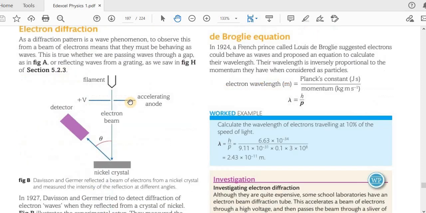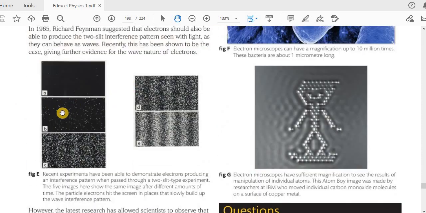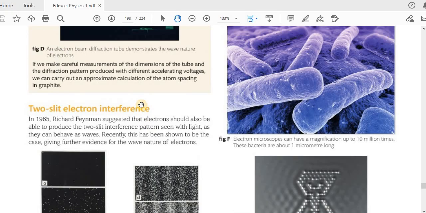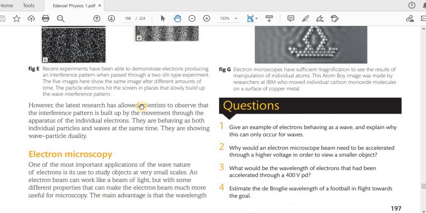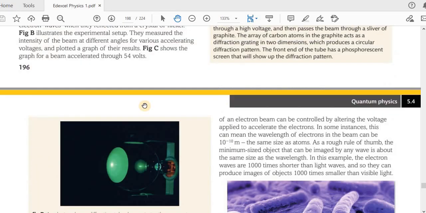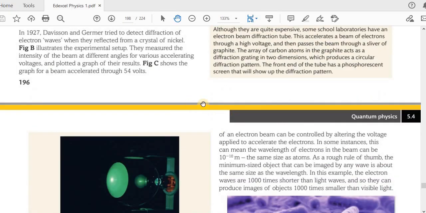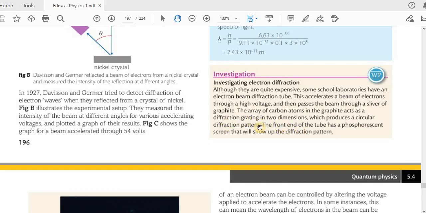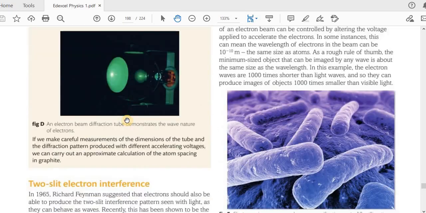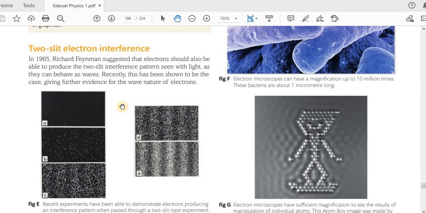And remember, this acted like a diffraction grating. It's mentioned somewhere here. So you get this, and here it was sent through a double slit, and then you get the interference pattern, like in the case of Young's double slit experiment for waves.